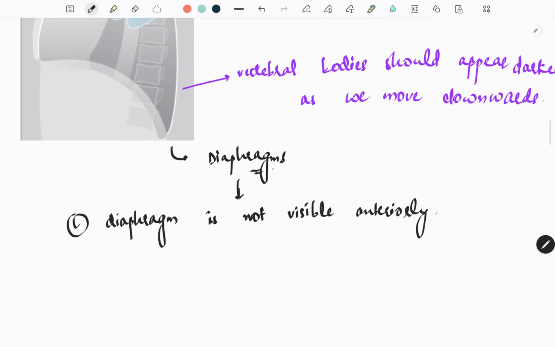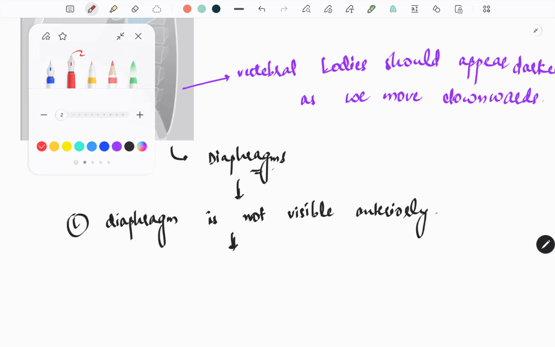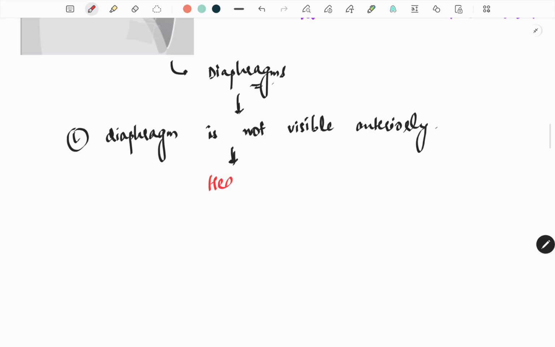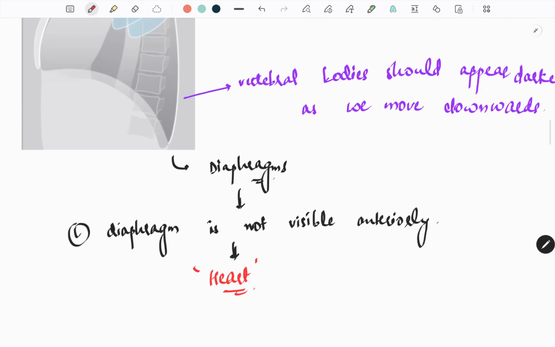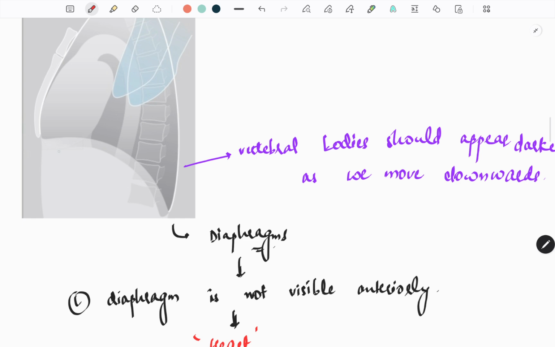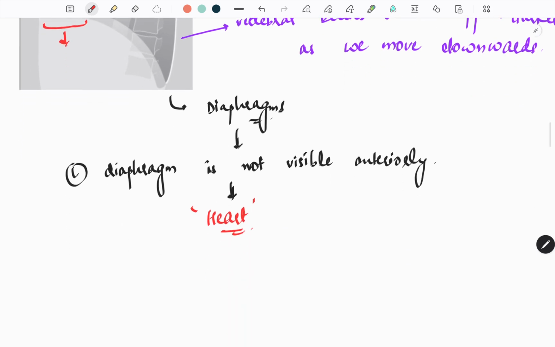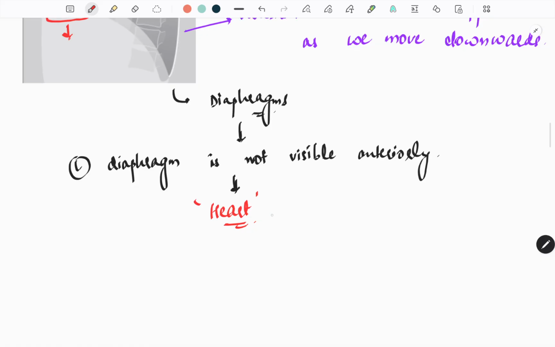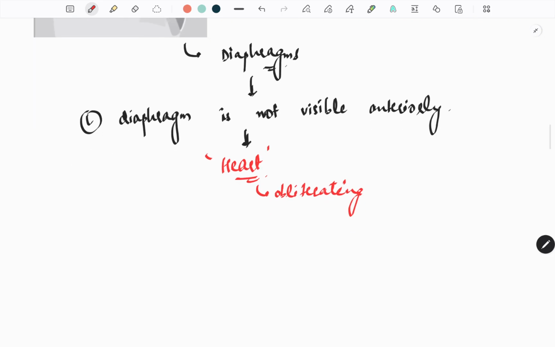What is the reason for that? The reason is the heart, because the heart is situated there and it is obliterating that border.